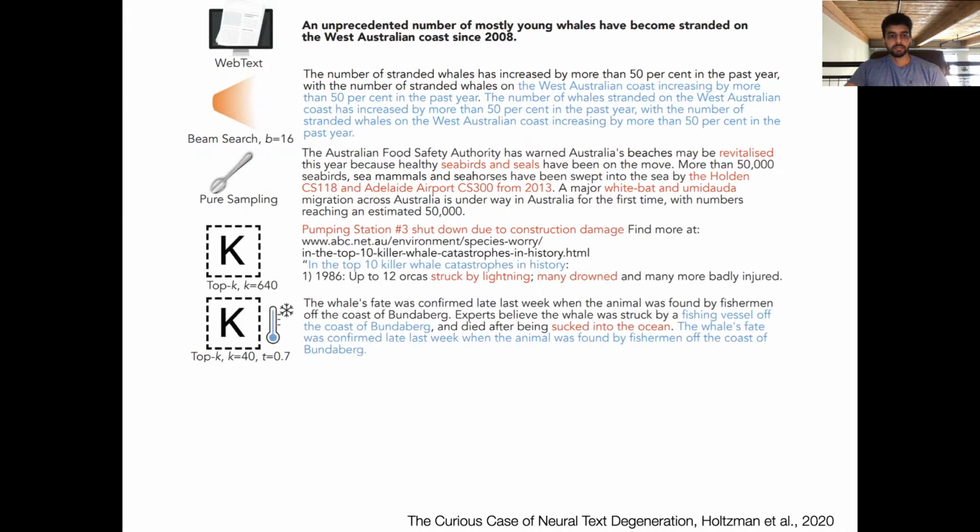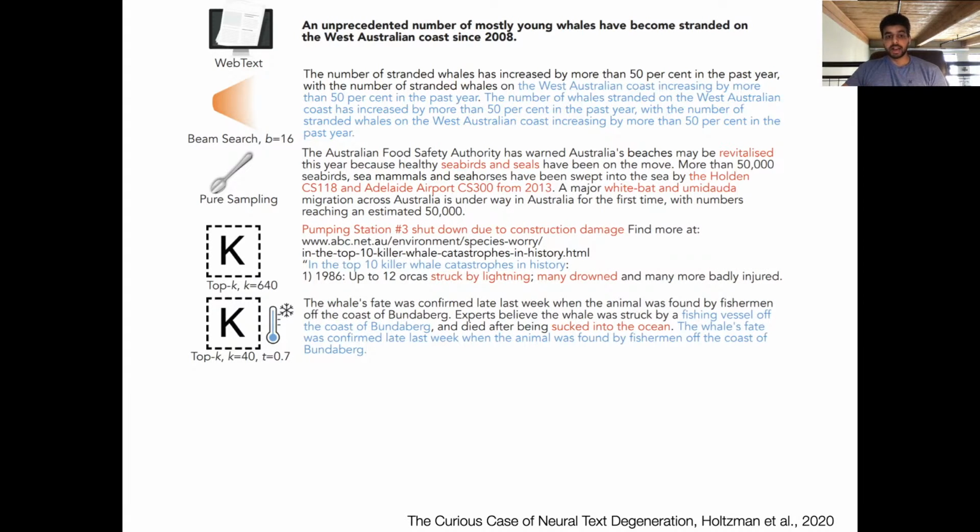More than 50,000 seabirds, sea mammals, and seahorses have been swept into the sea by the Holden CS118 in the Adelaide airport from 2030. And Dauda migration across Australia is under. So this has nothing to do with young whales, and it quickly becomes incoherent, like an airport somehow sweeping animals into the sea. This is also not great.